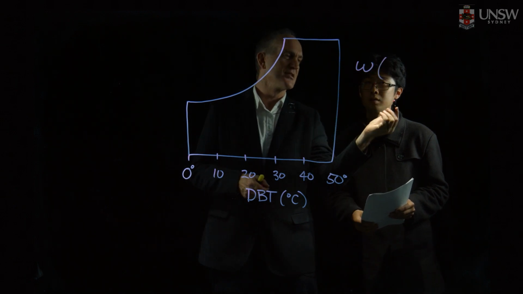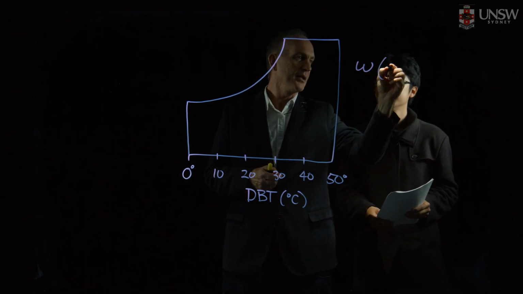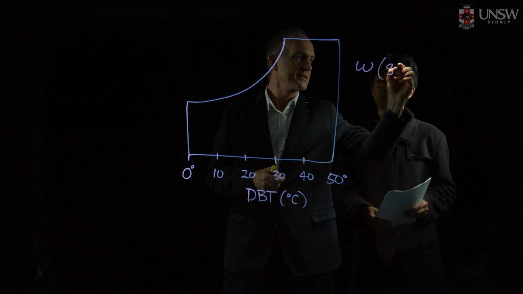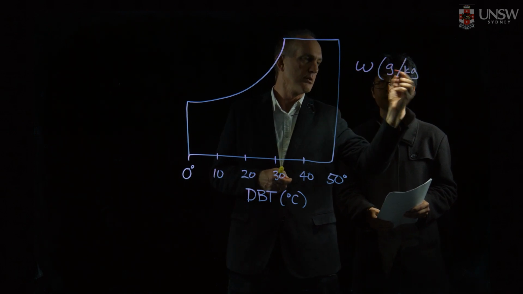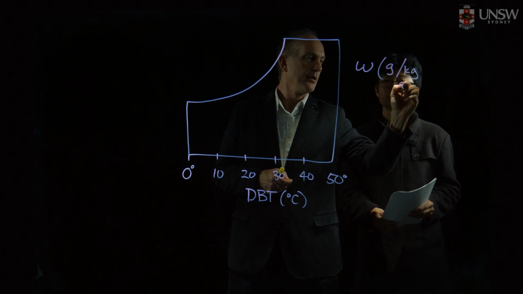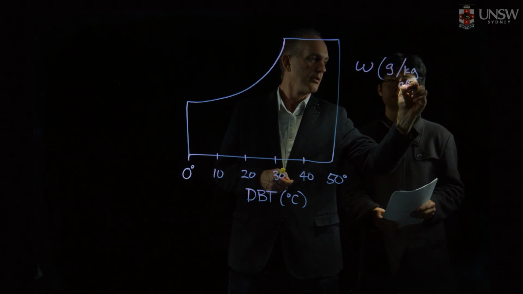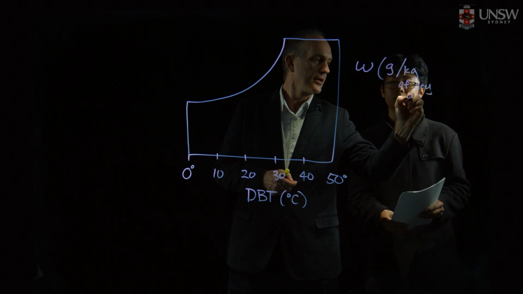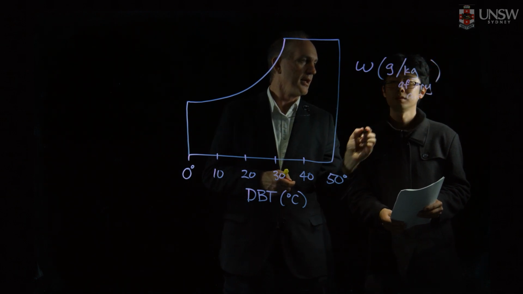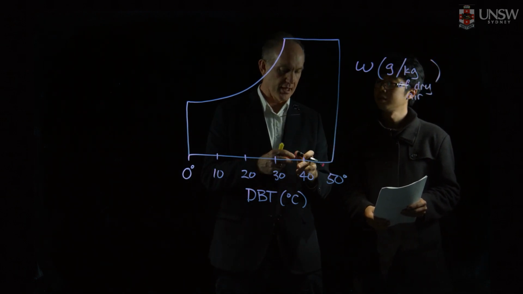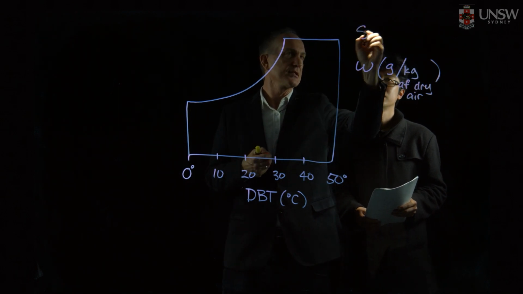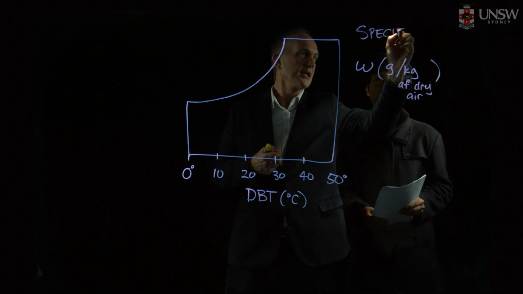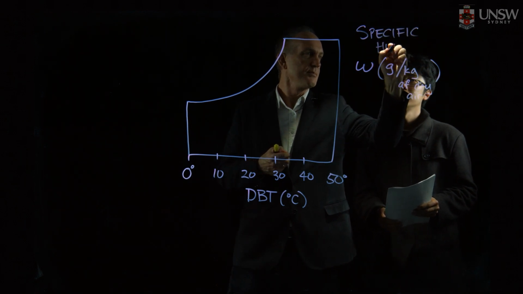Now, normally this comes in all sorts of units, but let's use for this example grams per kilogram. And we've got to be always careful here. We really should say kilogram of dry air. Everything is per kilogram of dry air when we talk about specific humidity. I like specific because that always means something.